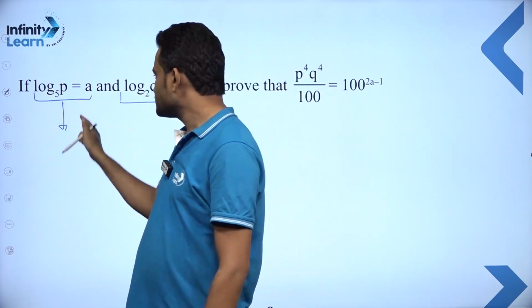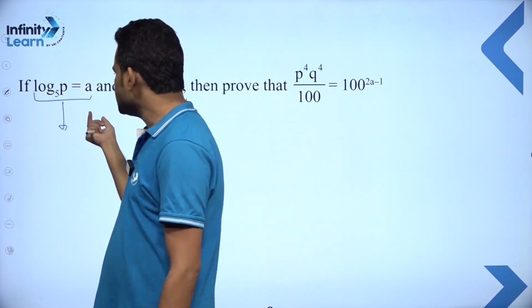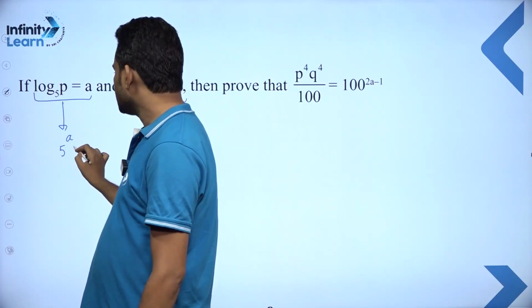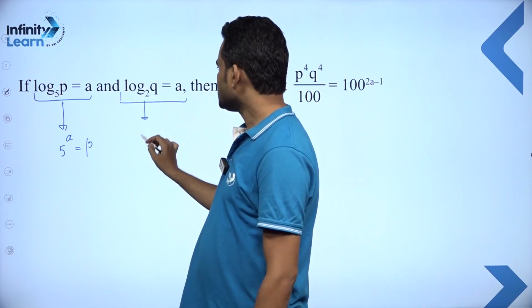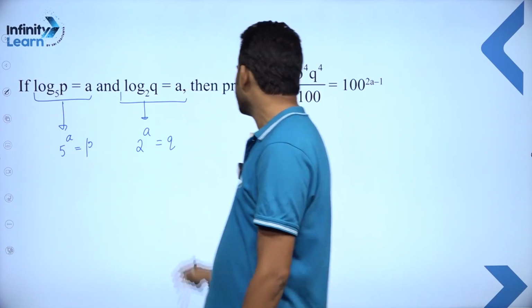The base is 5, so if I convert this logarithmic function into exponential function, 5 power a is p. And 2 power a is q. So this is the value of p and q.